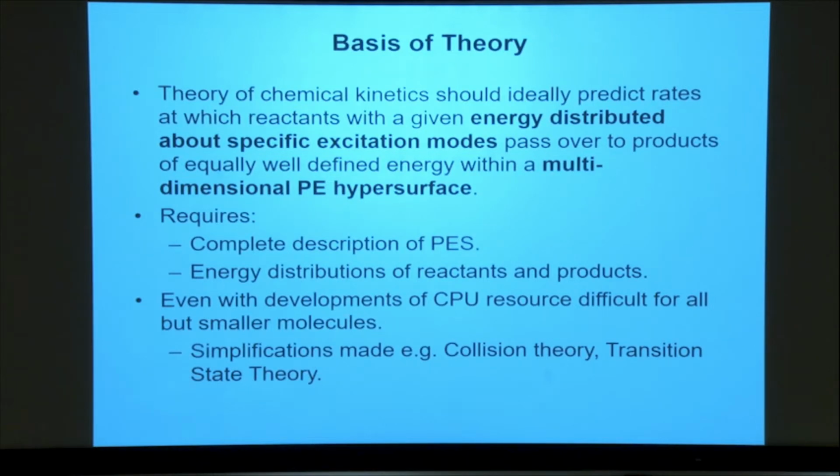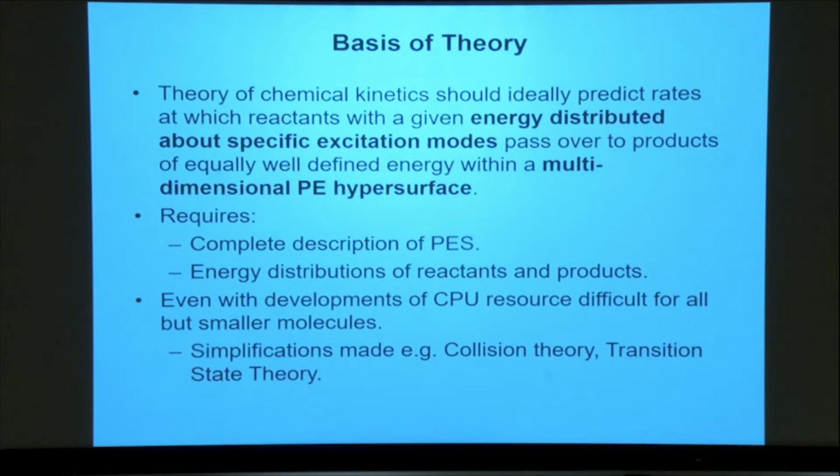And we need to know the energy distributions of reactants and products. And even with developments of CPU resource, as I was talking about yesterday, it's difficult to go to very high levels of theory for anything but small molecules.